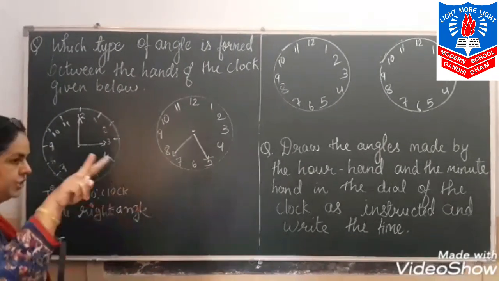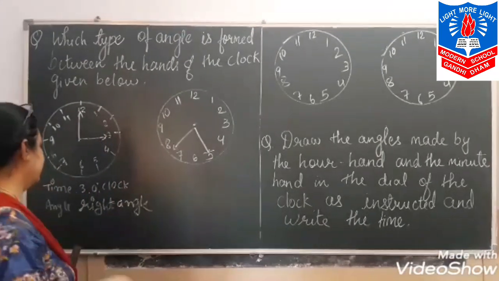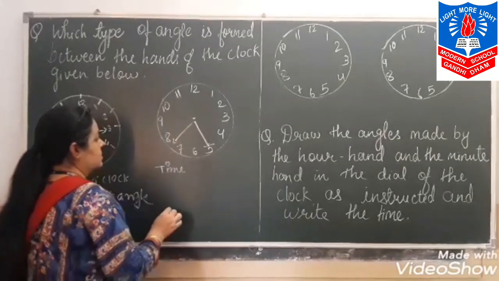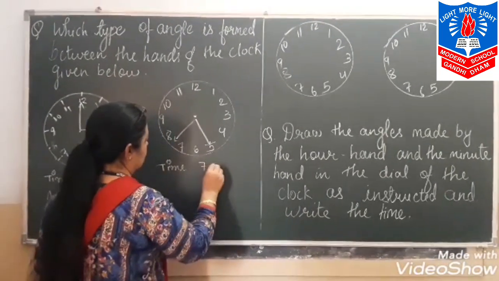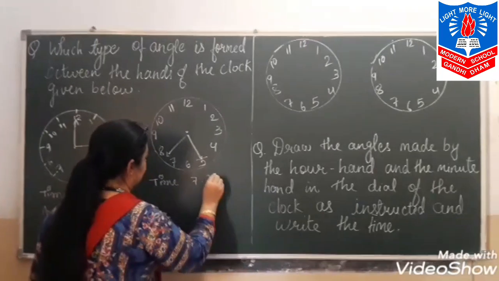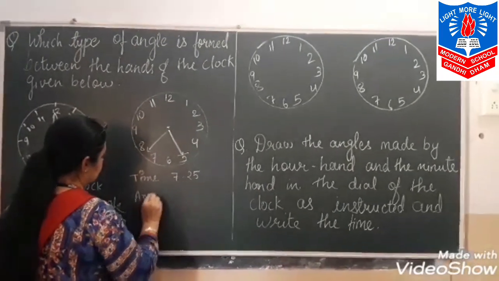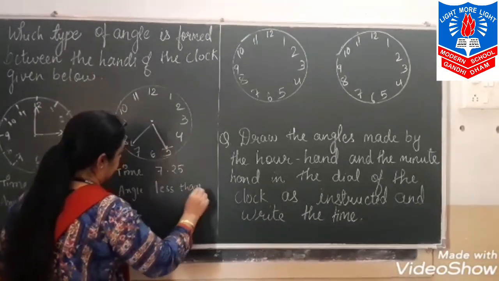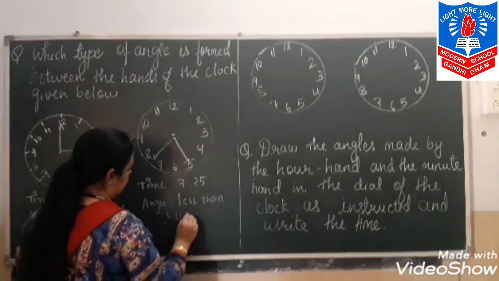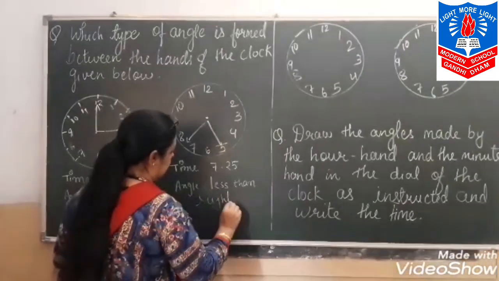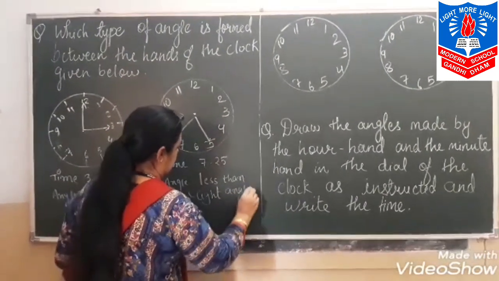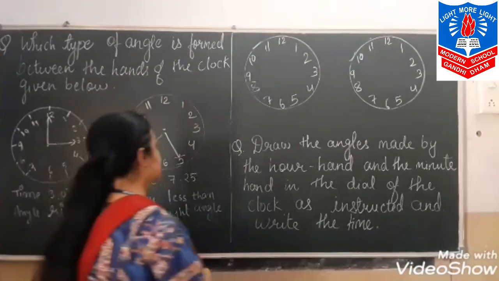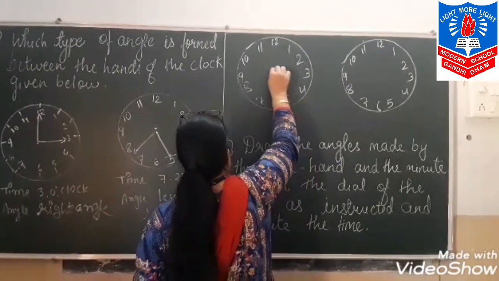Yesterday I explained the V shape, it means less than right angle. Time 7:25, angle less than right angle.